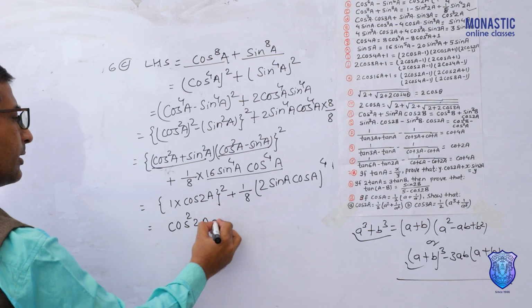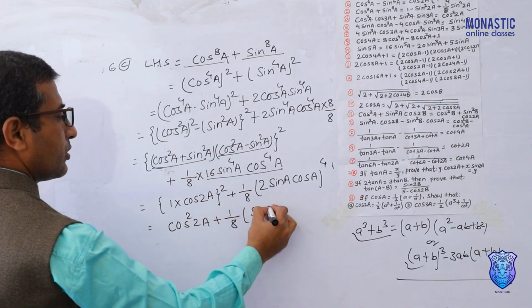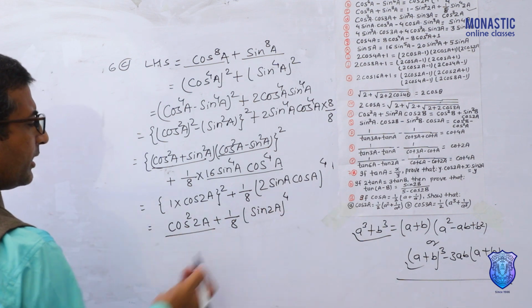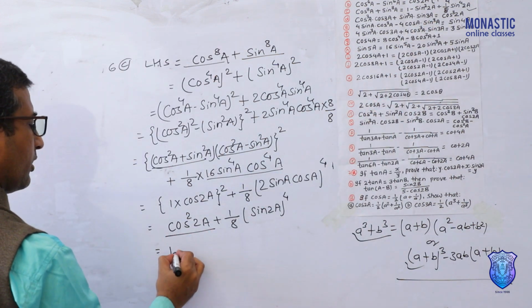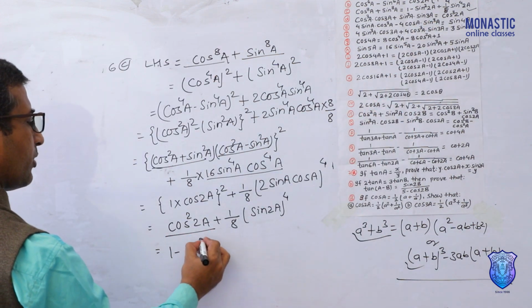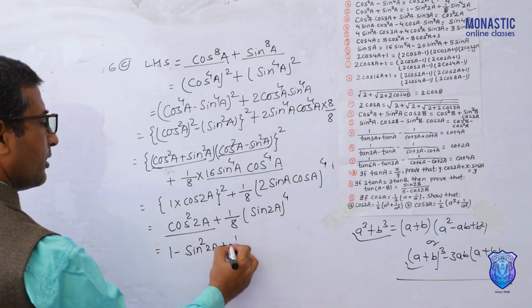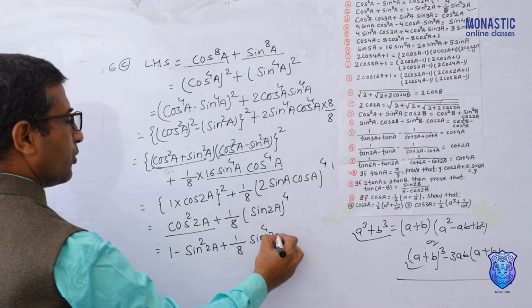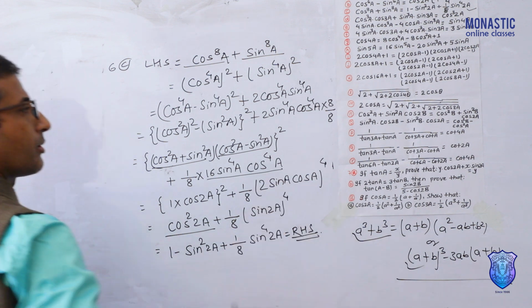Cos square 2a plus 1 by 8 sine 2a whole to the power 4. In place of cos square, we want 1 minus sine square. You know the formula of cos square, 1 minus sine square. When it is 2a, 1 minus sine square 2a plus 1 by 8 sine to the power 4 2a. That's the RHS proved.